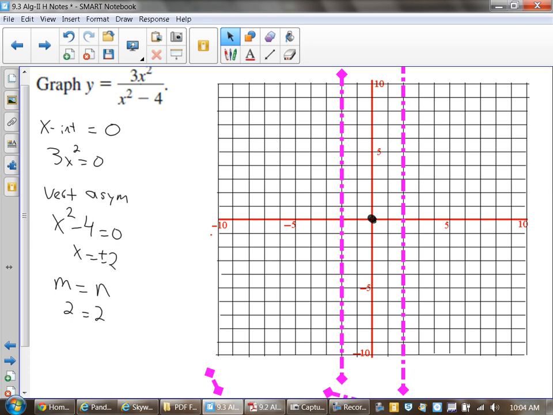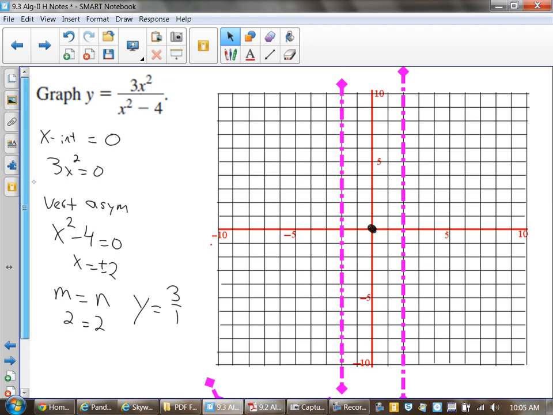So that means my horizontal asymptote is going to be at y equals 3 over 1. The reason it's 3 over 1 is because I'm looking at the coefficients of the leading term. So I have a horizontal asymptote at y equals 3.